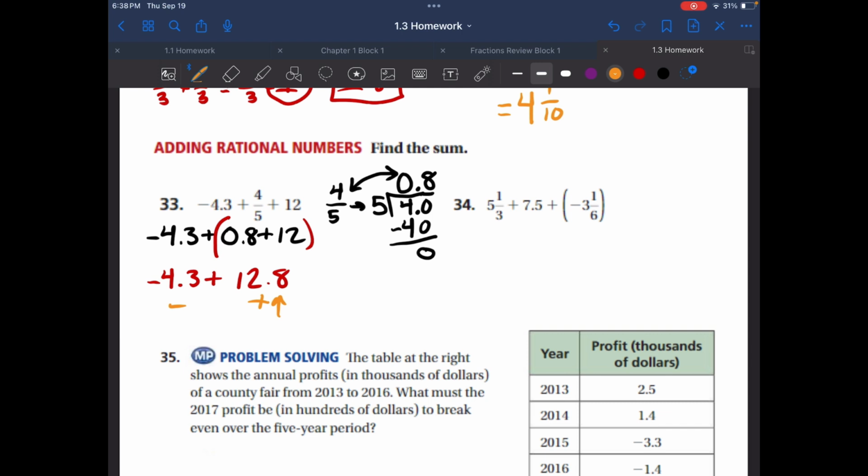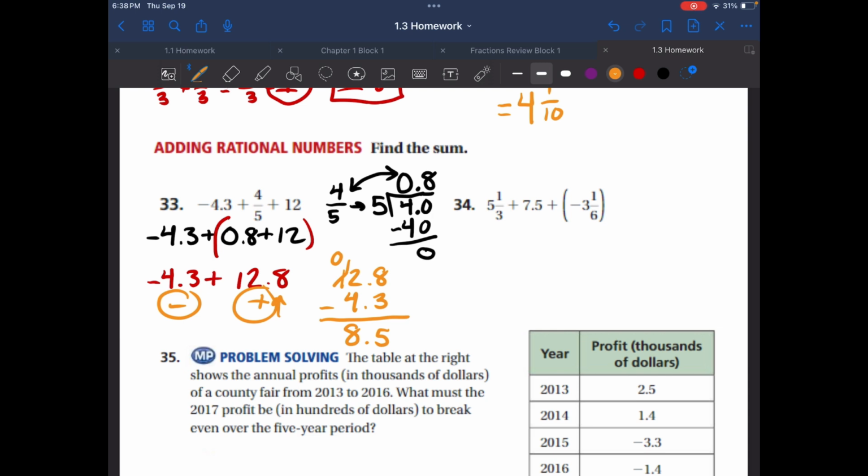I'm going to start with the bigger value, 12.8, and just like before, we're going to subtract our two numbers because my signs are different. 12.8 minus 4.3. Let's do this quick. 8 minus 3 is 5. Add your decimal. I need to borrow from my neighbor. 12 minus 4 is 8. My answer for that is going to be 8.5.